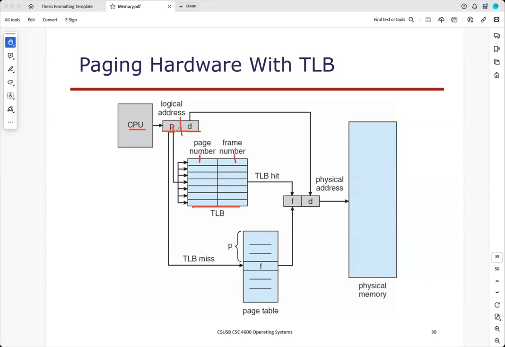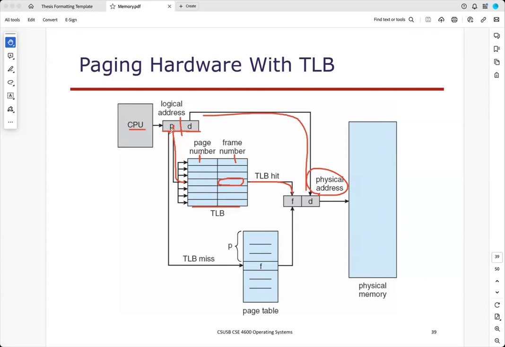If the page number is in the TLB, we have a TLB hit, and the CPU will extract the frame number from the TLB and combine the frame number with the page offset to get the physical address.